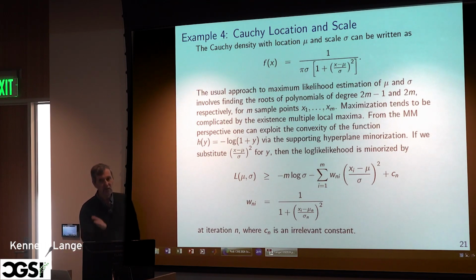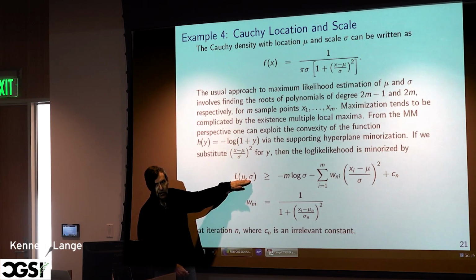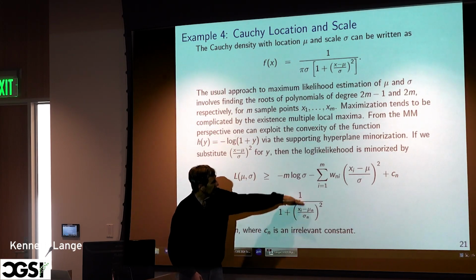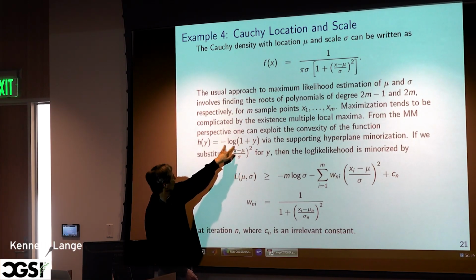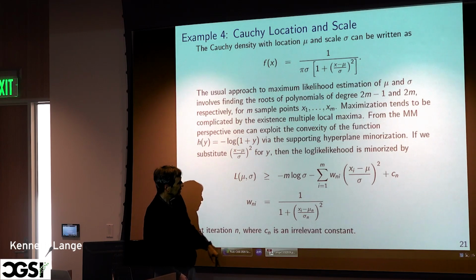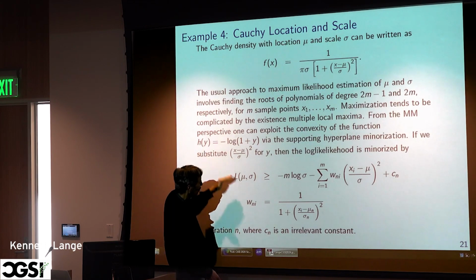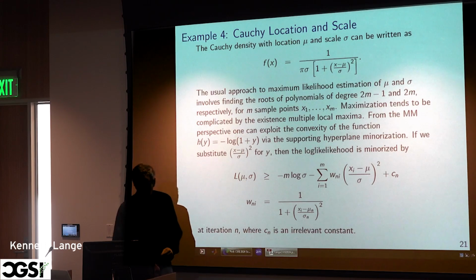So you have a supporting hyperplane minorization. And that's what's going on here. This gives you the minorization, and this basically involves a derivative of this function h. So you take the minorization in terms of y, and then you replace the y's by the standardized residuals.